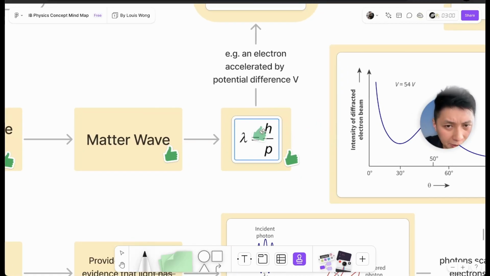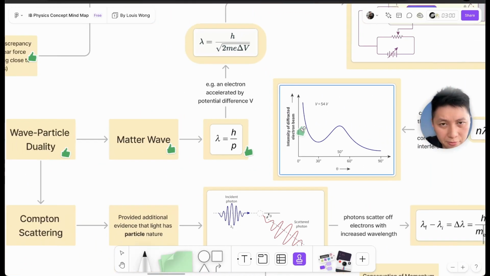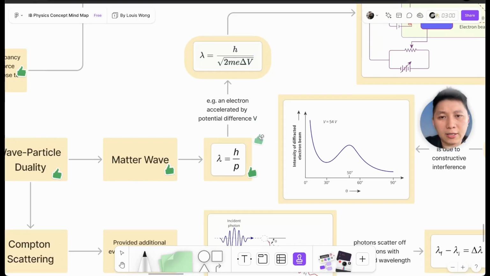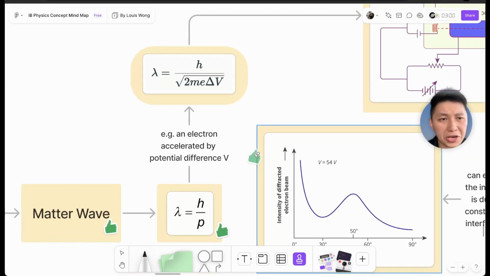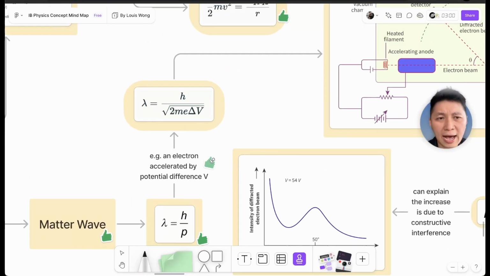And this is the equation, which looks very simple. You have it in the data booklet. For anything of a certain momentum, you can work out the wavelength of the matter wave. Even for an electron, if it's moving faster or slower, it will have a different wavelength already. Here is a classic example that I would say you are expected to know.